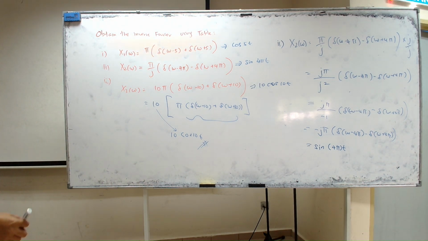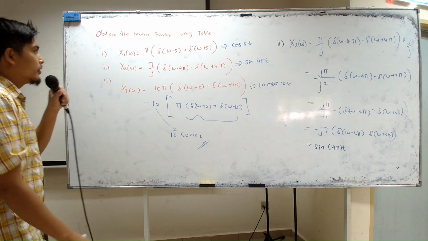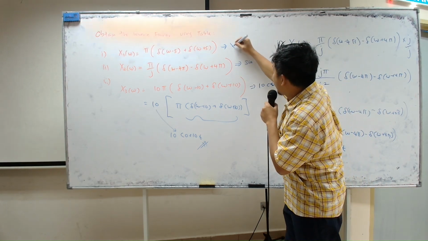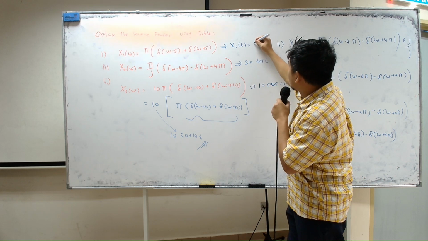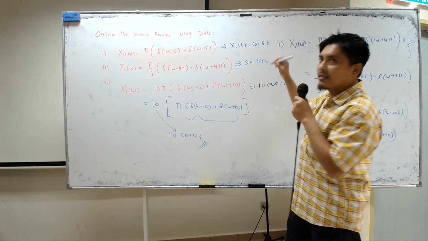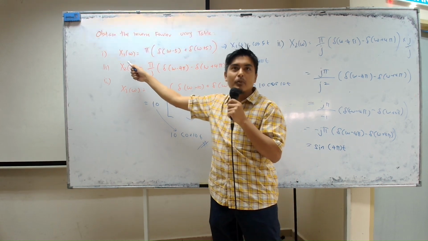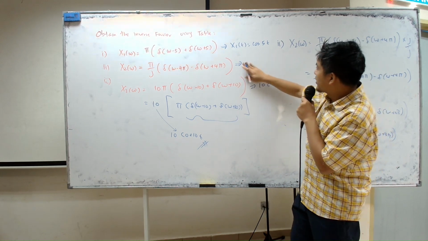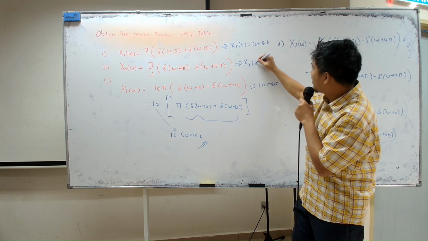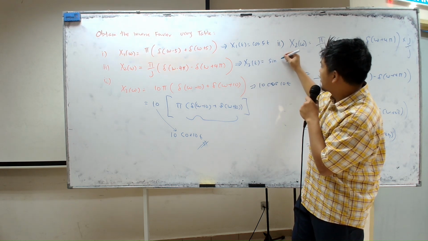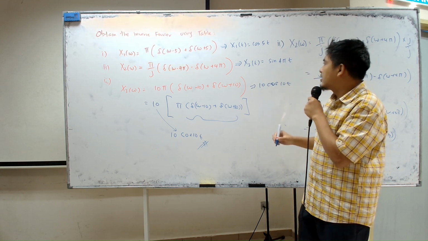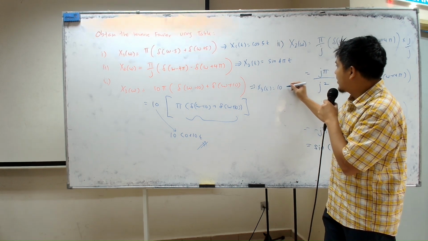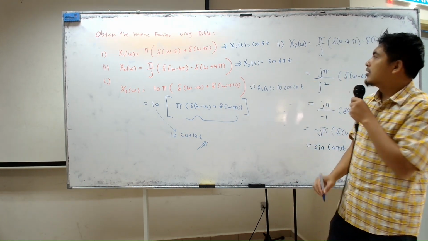But you must remember, this is not only cos 5t. Supposed to be x1(t) equal to cos 5t, because this is S1(omega). Because we do the inverse, the S1(omega) becomes x1(t). This should be x2(t), which is sine 4 pi t, and this supposed to be x3(t), 10 cos 10t.